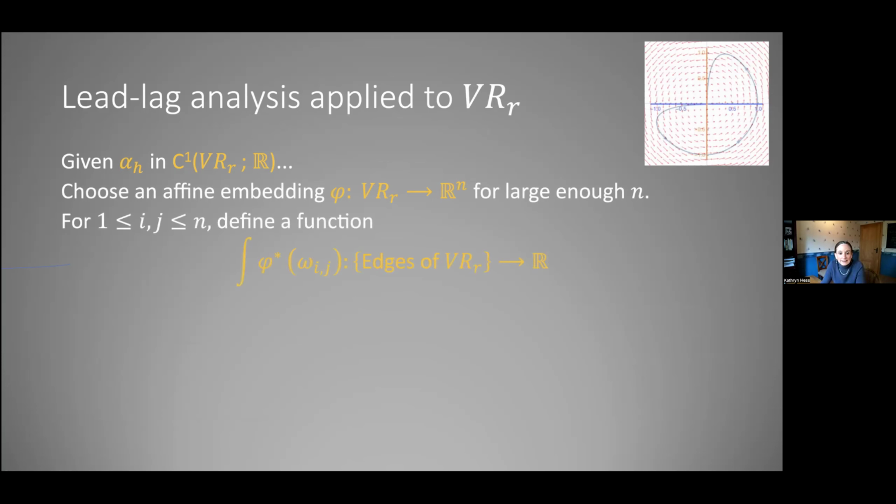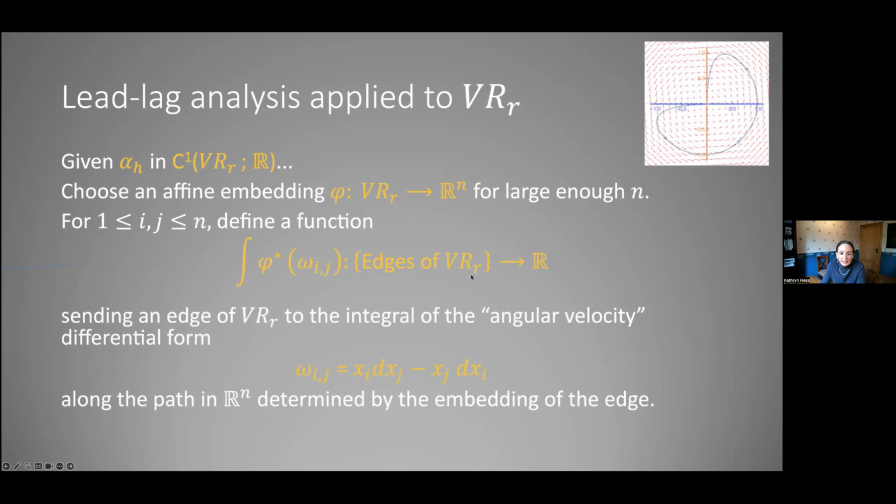And then for any pair of numbers i, j between 1 and n, we can define a function, an integral, from the set of edges of VR to R. So in other words, it's going to be a one cochain. And it's defined in the following way. It's going to take an edge of this complex to the integral of this angular velocity differential form, which we already saw, x_i dx_j minus x_j dx_i, along the path that we get in R^n determined just by the embedding of the edge.